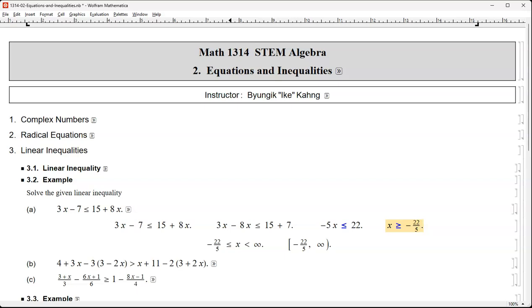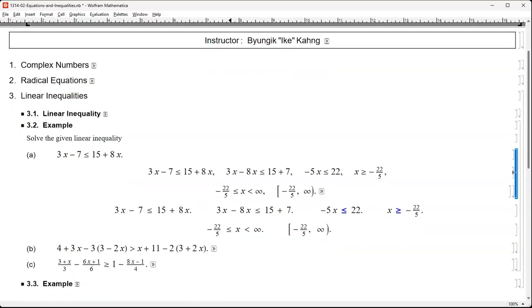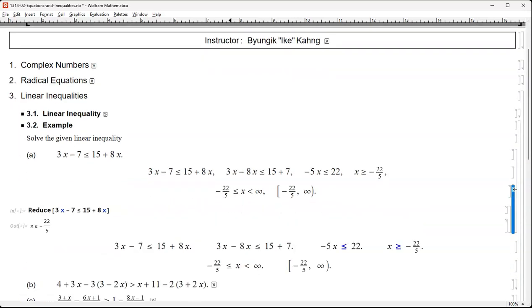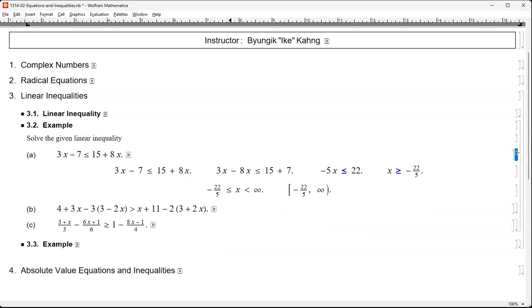If you have to solve it in interval expression, you need a couple more steps. Standard order, smaller numbers to the left, bigger numbers to the right, and then semi-inequalities are brackets, and strict inequalities are parentheses. By the way, how do you remember this?